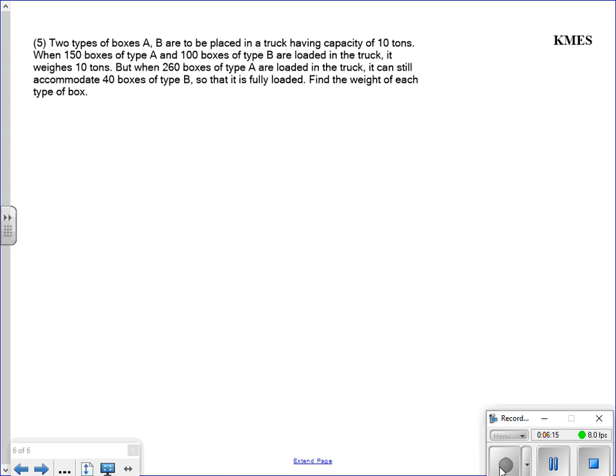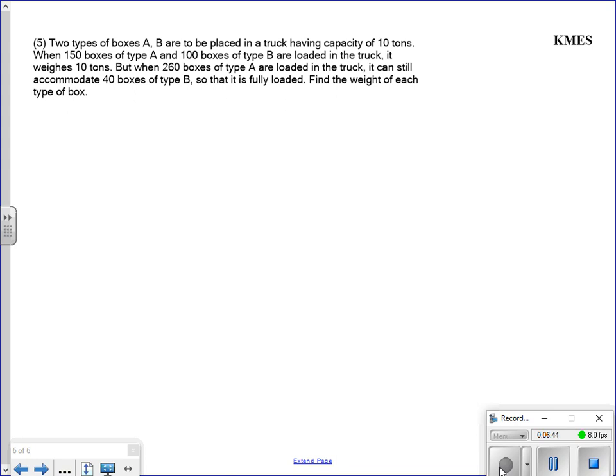Now, before we proceed with this sum, we have to take into consideration that there are two different units of weight used over here. We have to find the weight of each box in kg, whereas the total load is given to us in tons, which is 10 tons.